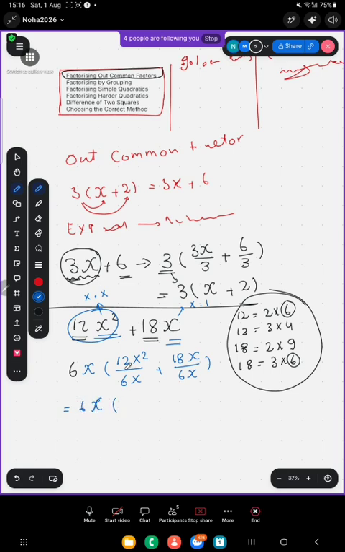So here 12 over 6 gonna be 2. x power of 2 over x gonna be x. And here 18 over 6 gonna be 3, and x can be cancelled with this x. So I get my answer 6x multiplied by bracket, which is 2x plus 3. So get it? Any problem?